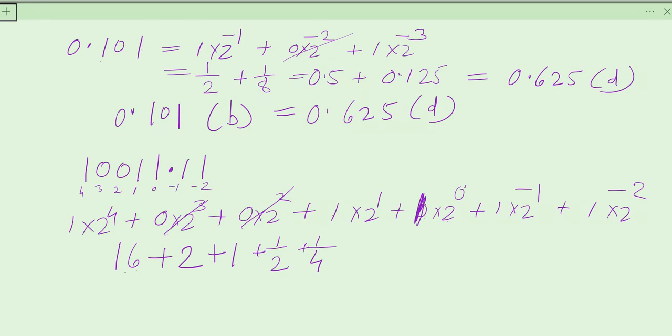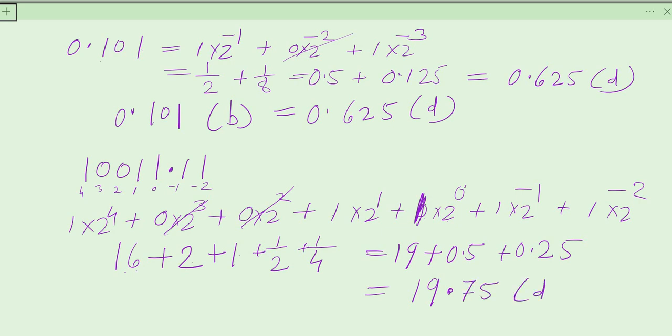So 16 plus 2 is 18. 19 plus 1 half is 0.5, and 1/4 is 0.25, that we know. So the number becomes 19 point, add these two: 5 plus 2 is 7, so 19.75. This is in decimal, and this number in binary is equivalent to this in decimal. So in this way, any number system to decimal number system, the conversion is done.